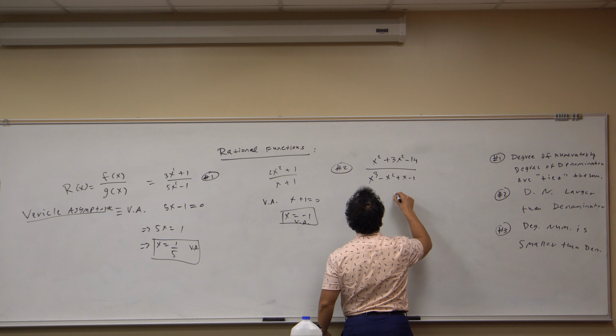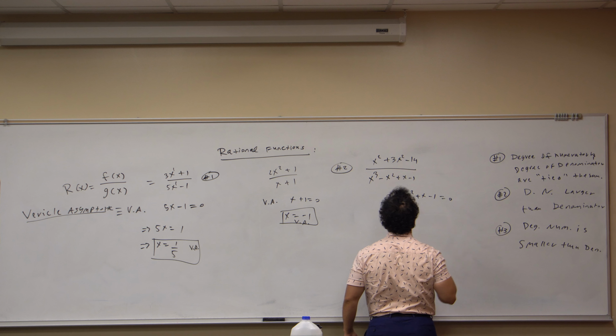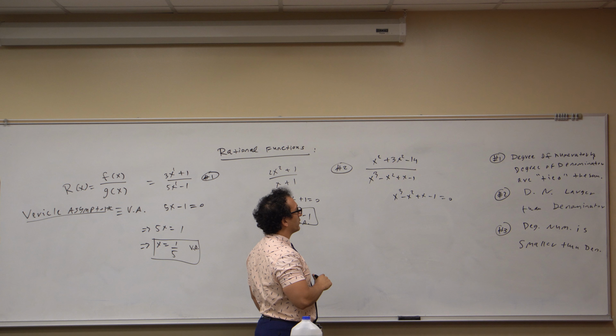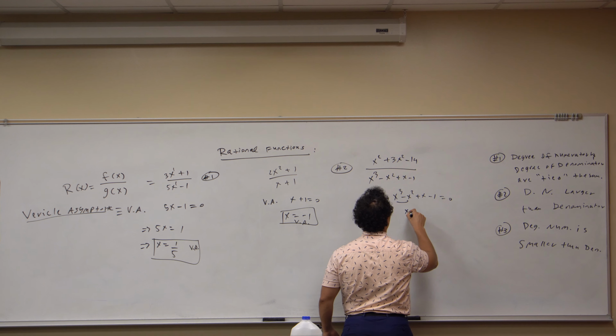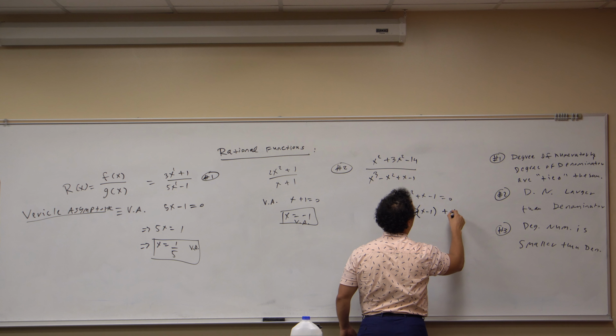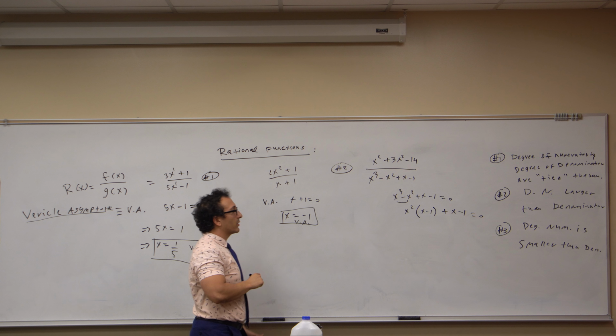This one's a doozy. It's when x cubed minus x squared plus x minus 1 is equal to 0. I don't see an easy way to solve this one. Maybe if I factor by grouping: x squared times (x minus 1) plus (x minus 1) is equal to 0. Notice that these two terms have an x squared in common.